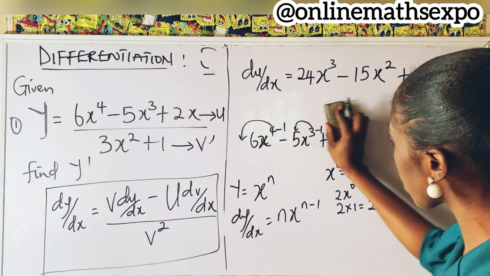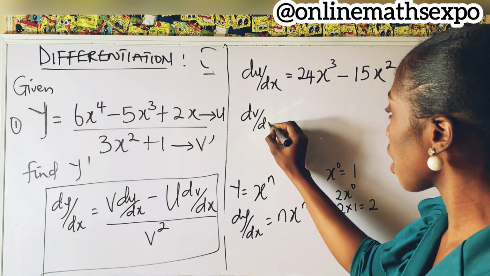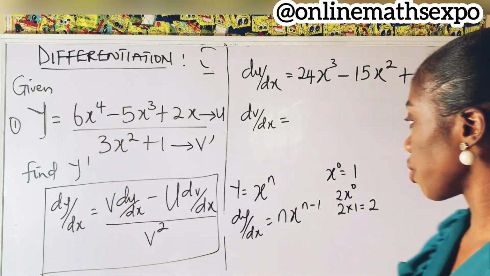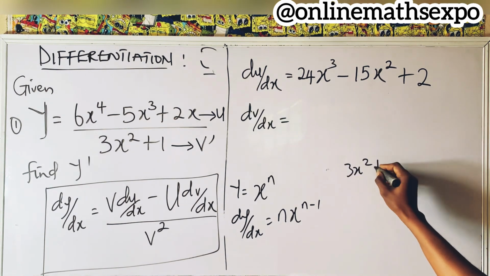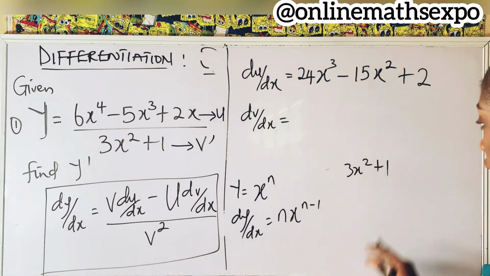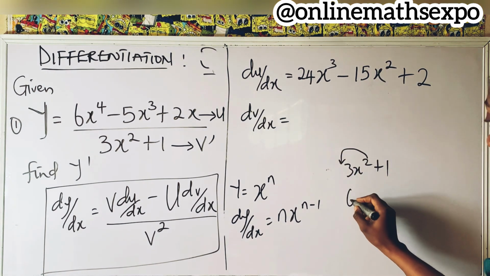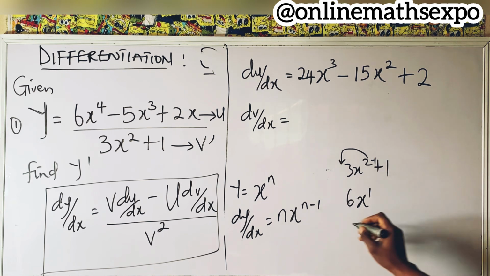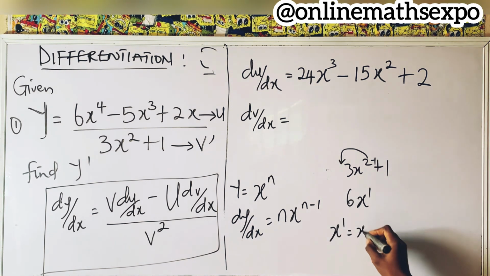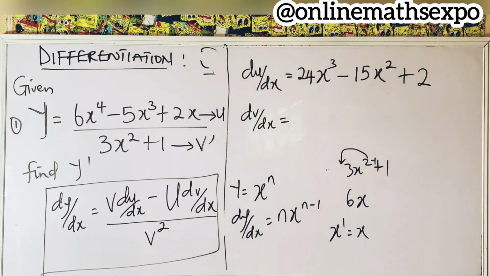Now, the next is to get our dv/dx. This is our v, so we can write it out as 3x squared plus 1. Let's differentiate. Use the power to multiply: we have 6x, take 1, we have power 1, and x raised to power 1 is x, so you are free to take the power of 1 off.